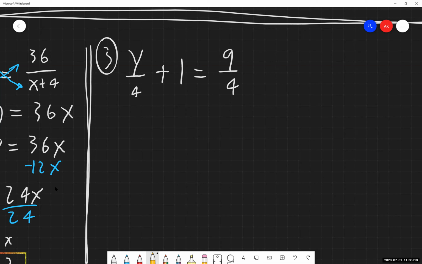I'm going to move this 1 over to the other side and then combine things together over there. So I'm going to subtract 1 from both sides. Let's get a better 4 there. There we go.